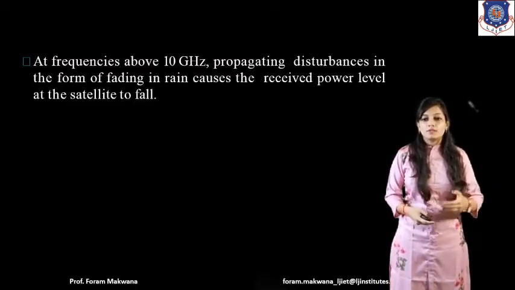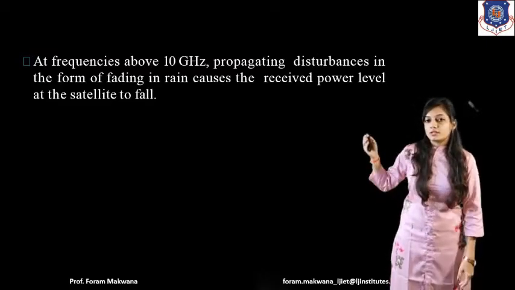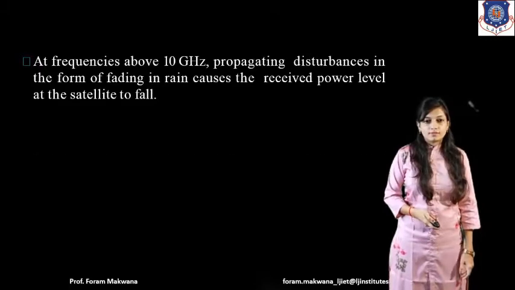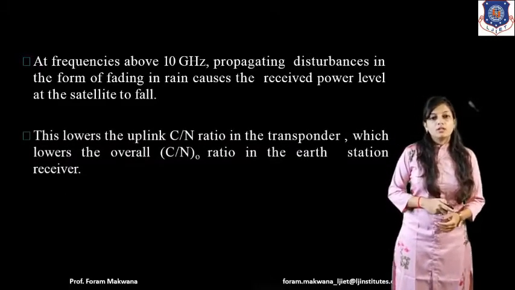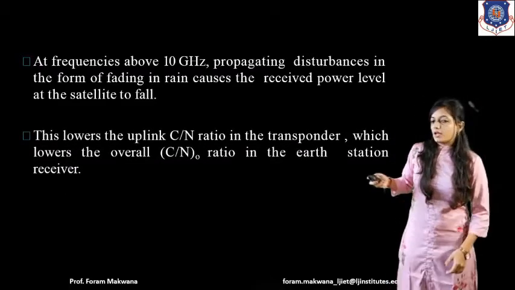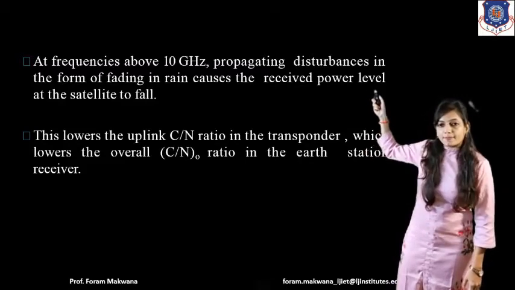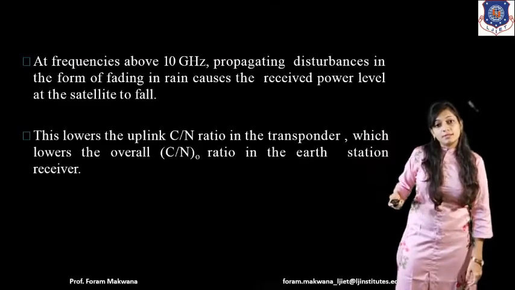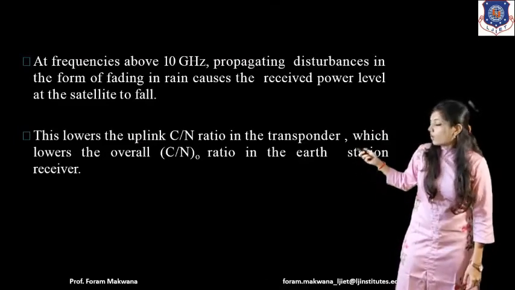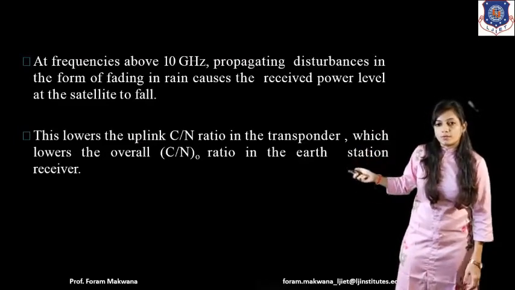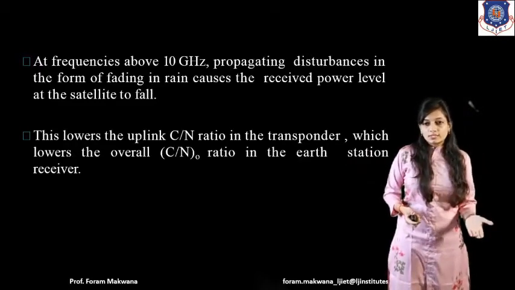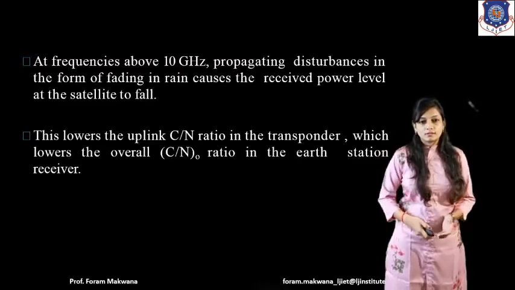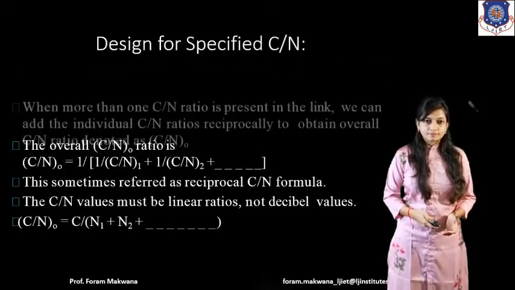While dealing with frequencies above 10 GHz, we need to consider the loss caused by the fading in the rain. Due to that, my carrier power will decrease. So it will ultimately cause a fall in the carrier to noise power, because carrier power is decreased and noise is increased. So overall this quantity is going to decrease.